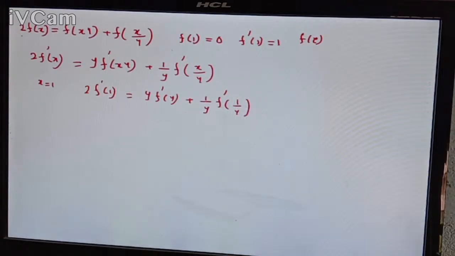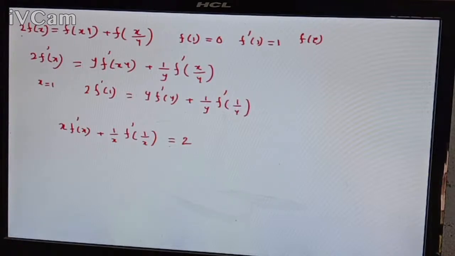Now one question, that is, f dash 1 is equal to 1. So from that step, we will get x f dash x plus 1 by x f dash 1 by x equals 2.